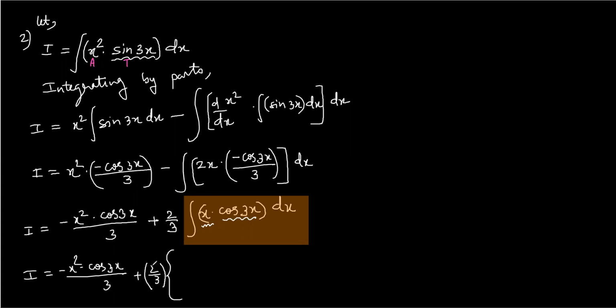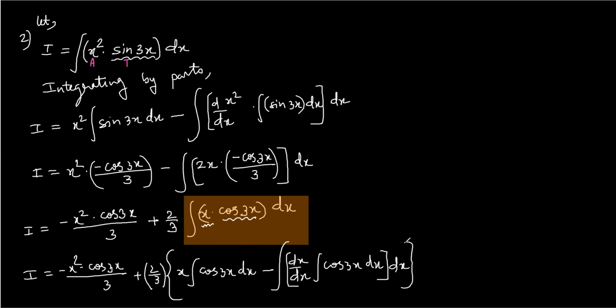So this 2 by 3 will be for each one of them. So I put that bracket. So integral x into cos 3x will be x integral cos 3x dx minus big integral d by dx of x integral cos 3x dx, then the bracket is closed, dx once again, and this final bracket is closed.